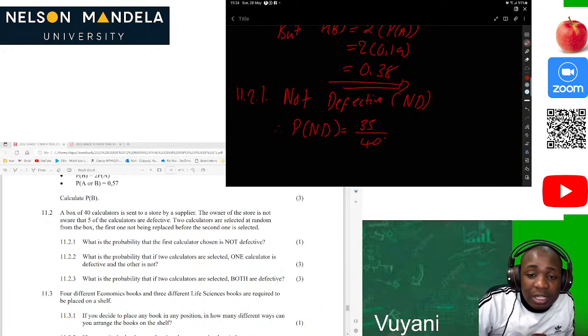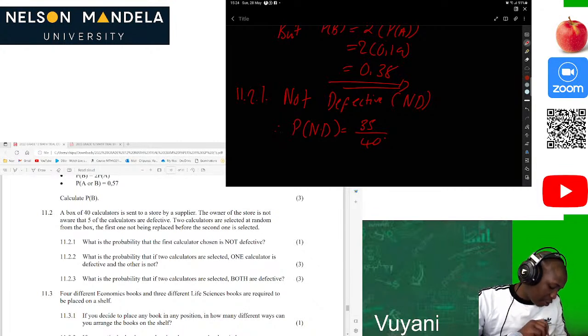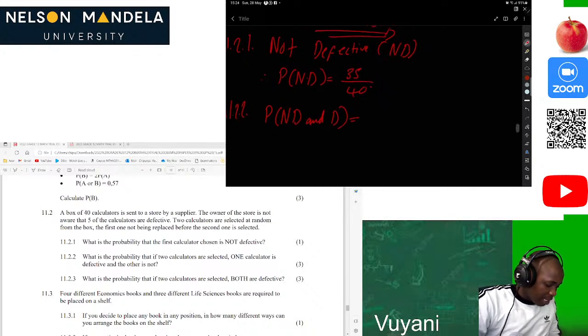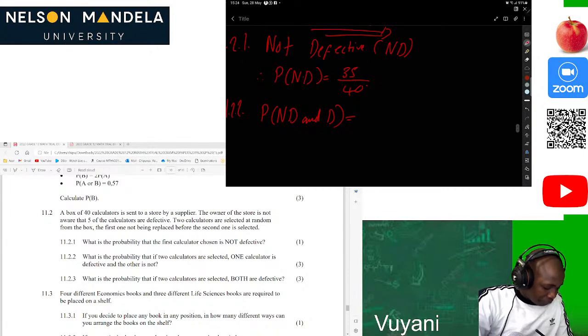Sorry about that. So we can now go to 11.2.2. So the probability of not defective and defective that you can choose randomly can be equal to, let's think.